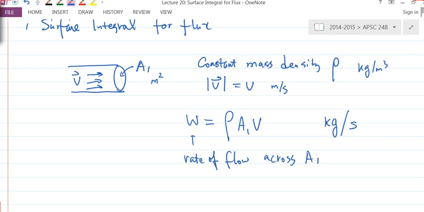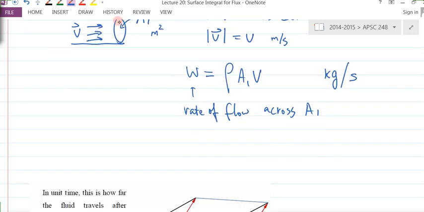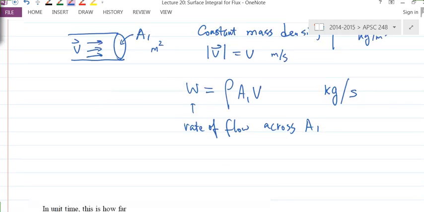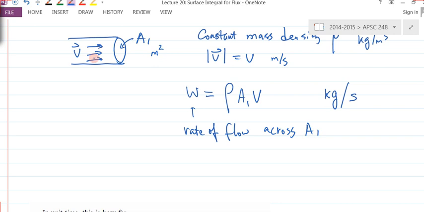So you have this amount of fluid passing the cross section per second. That's the rate of fluid. So this is the cross section A1 perpendicular to the flow of the fluid.